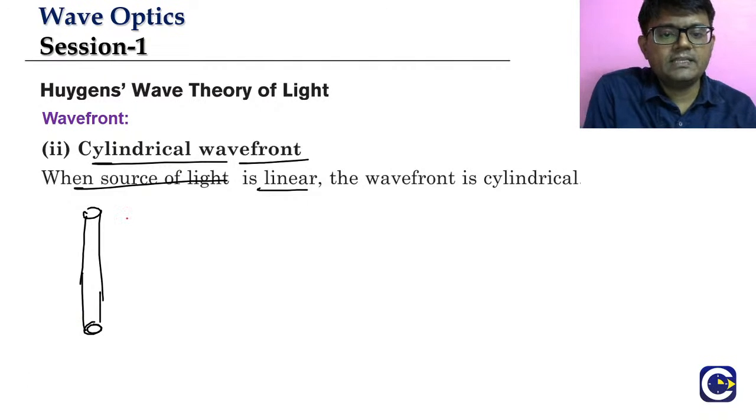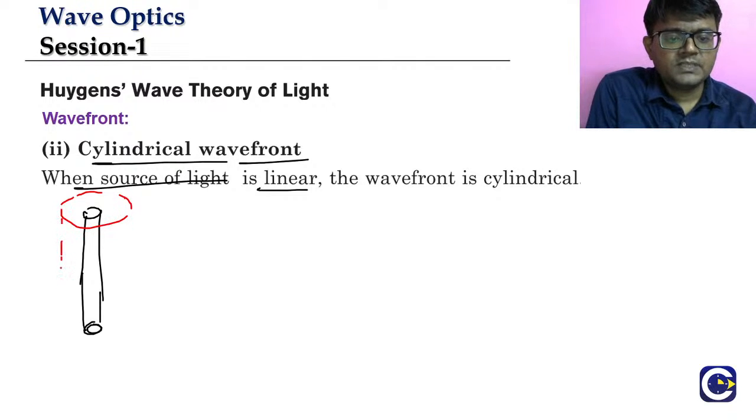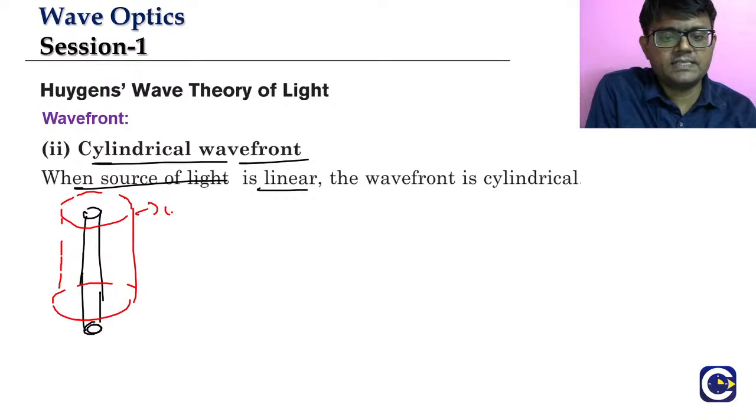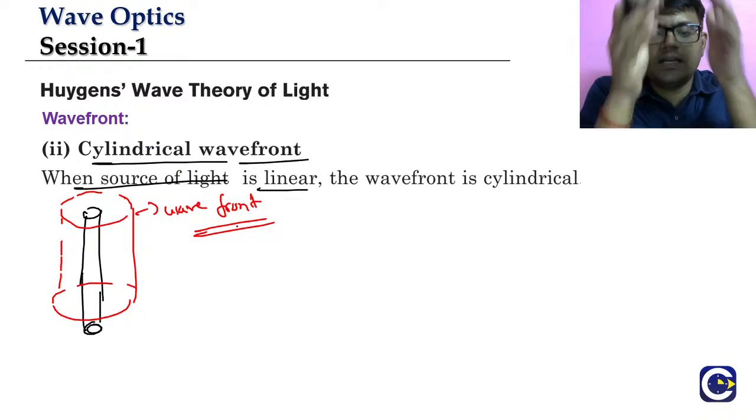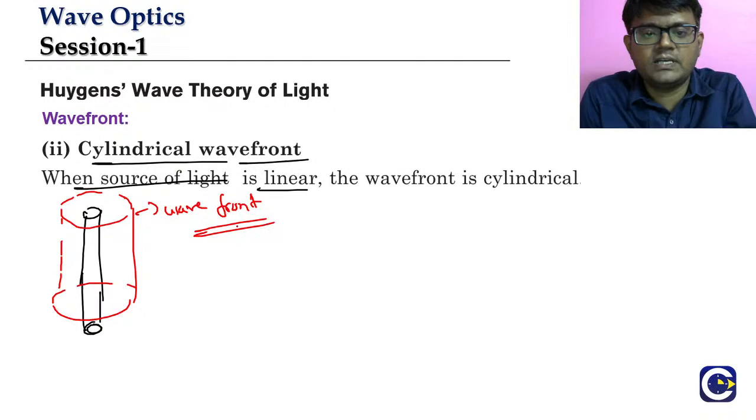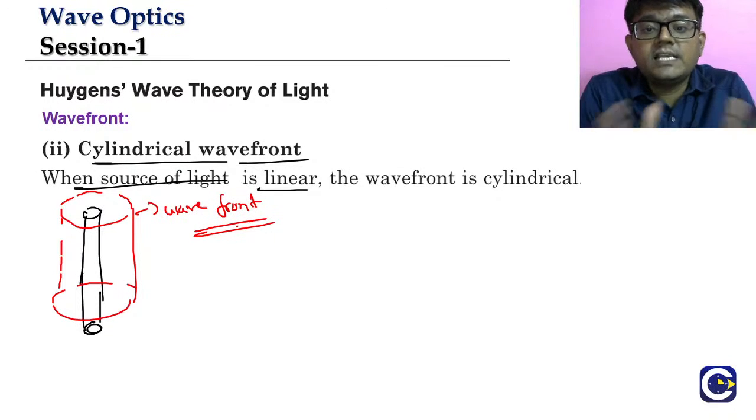It will be able to create a cylindrical kind of wavefront, and you can see that's the cylinder created. This is the wavefront. One of the easiest examples we can think of is the tube light, which creates a cylindrical wavefront.